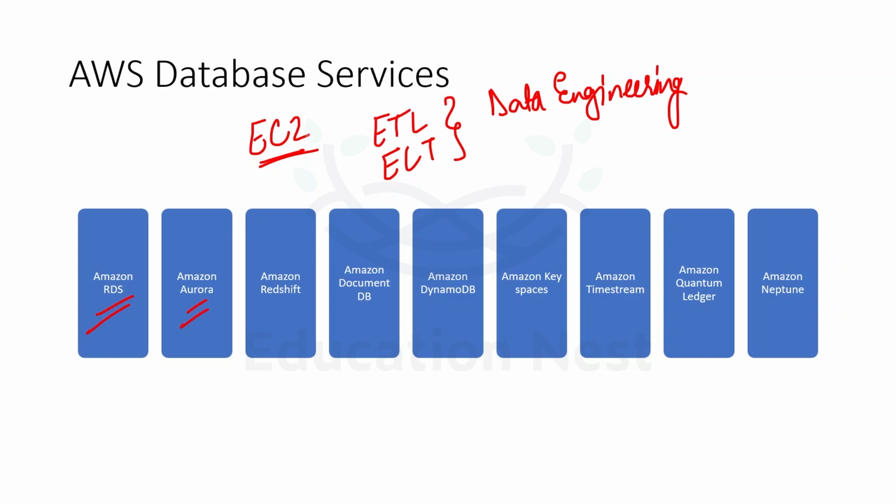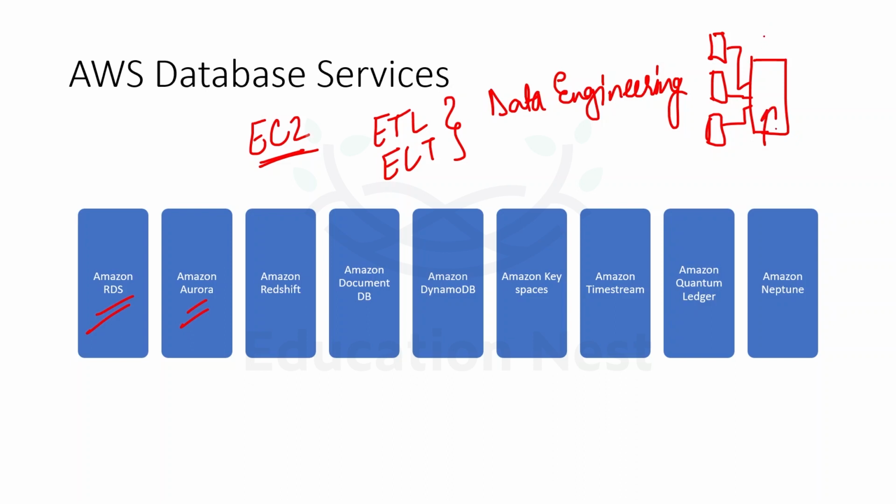So basically, a data warehouse is used when you are doing data engineering tasks and where you extract the data from multiple sources. What basically happens is, when you are doing data engineering, you would have multiple sources of data. You would be extracting that data. You would have some staging tables into which you would be loading the data.